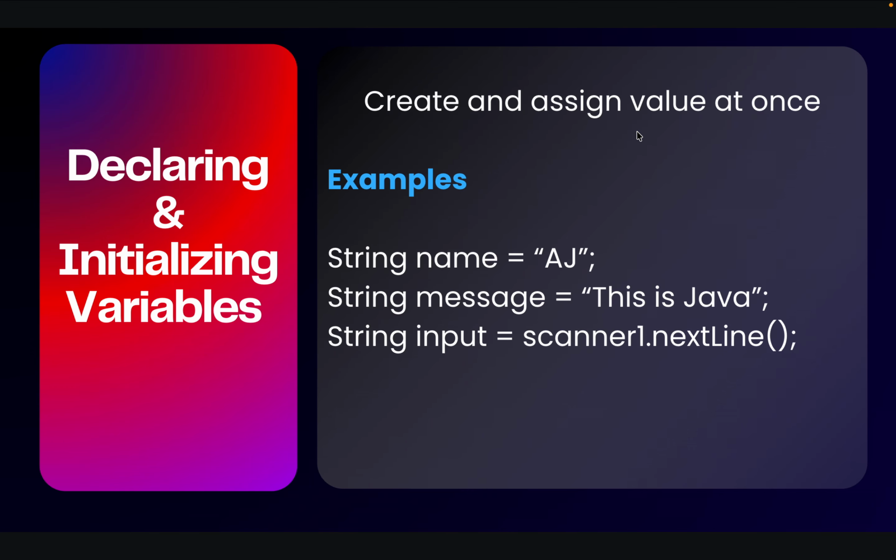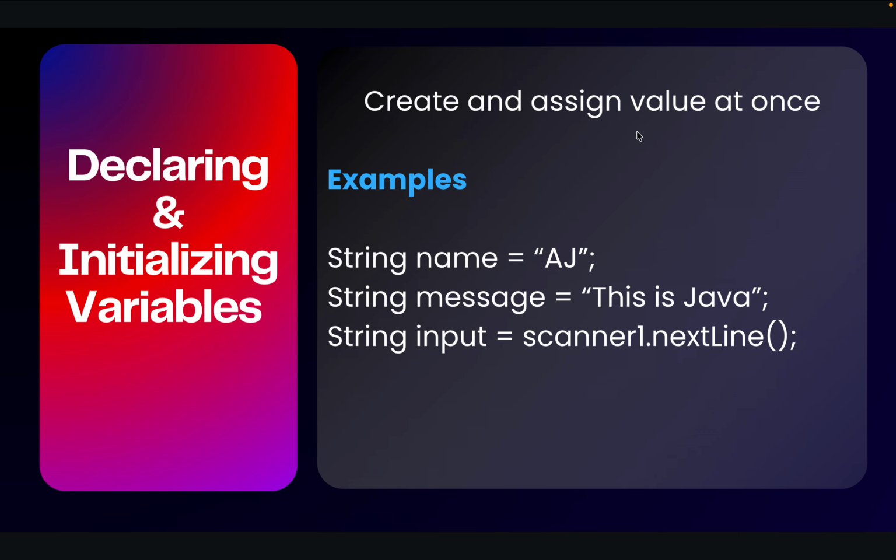Now, when you want to declare and initialize it, you would simply do the same thing as the previous slide, except now we would be adding the assignment operator and giving it a value. So again, in the examples you see, we have String name equals AJ. AJ is our string. You see we have String message equals This is Java. This is Java is our string. And the last one is a little bit different.